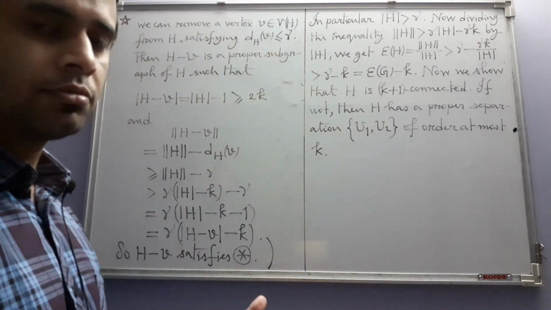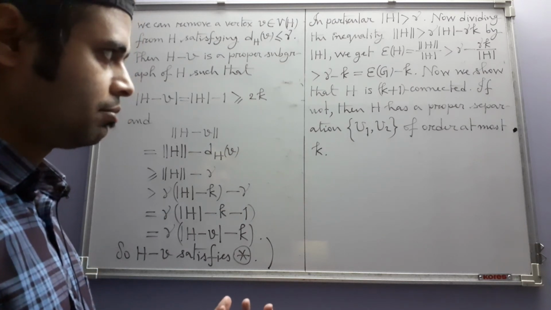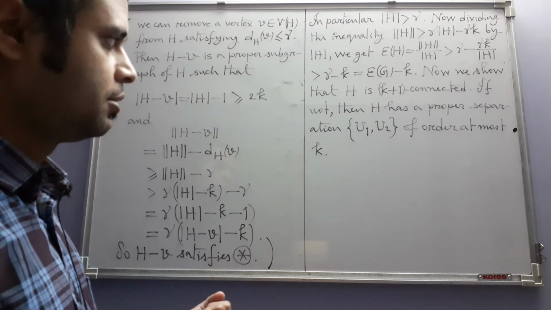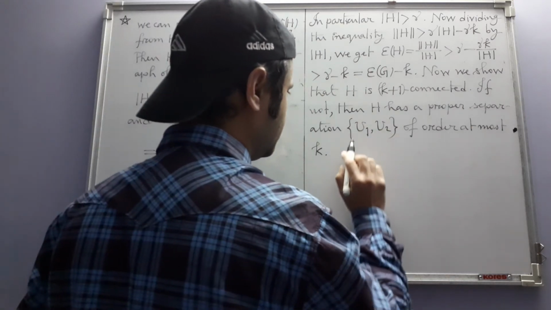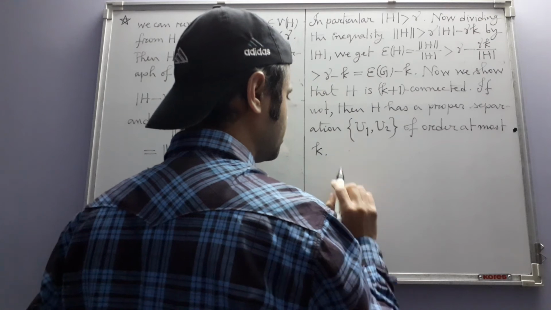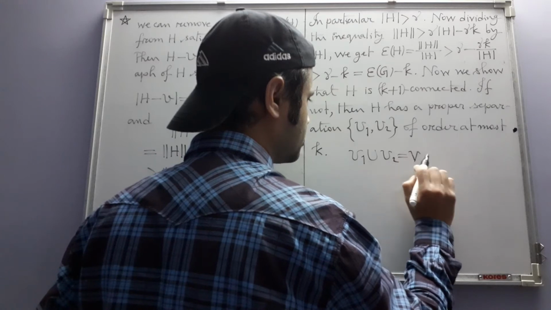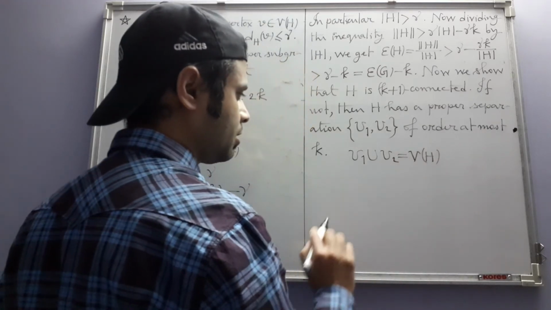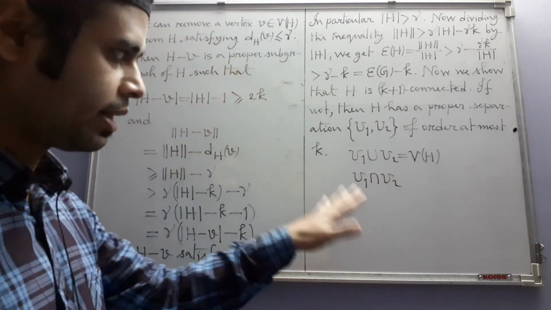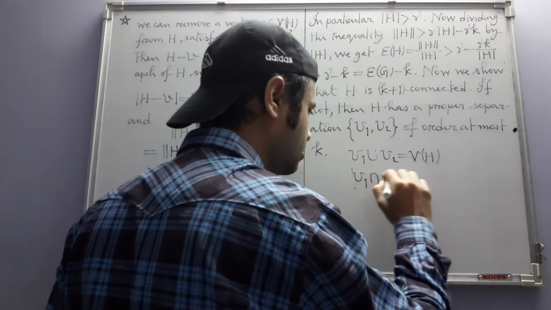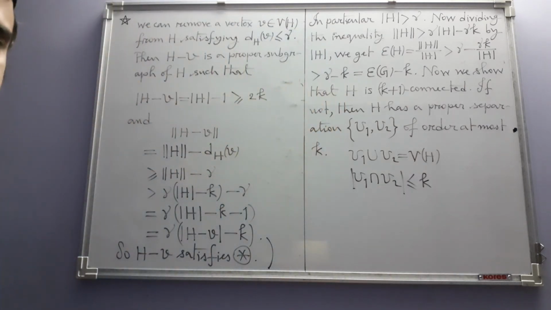Which is just another way of saying that there are at most k vertices that can be found in H whose removal disconnects H, and this separation means two sets of vertices whose union is the vertex set of H and whose intersection is that set whose removal disconnects H, and its order is less than or equal to k.